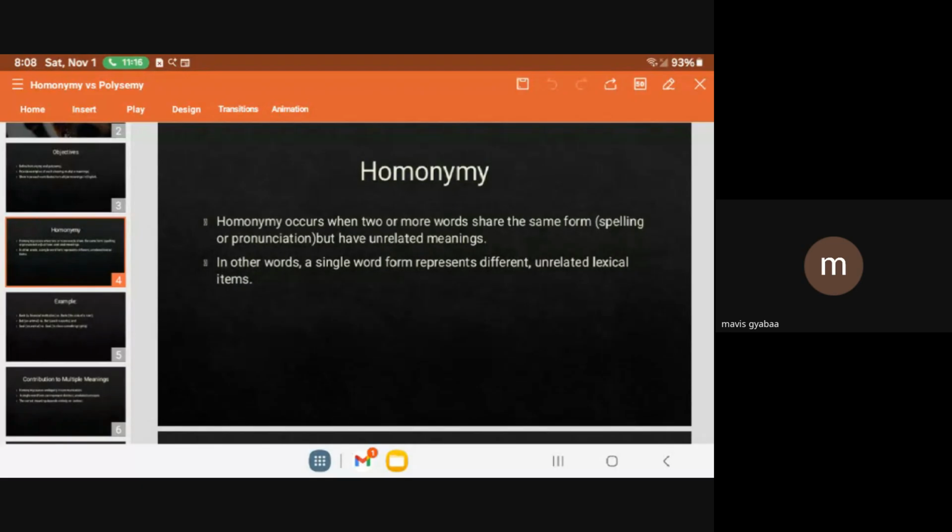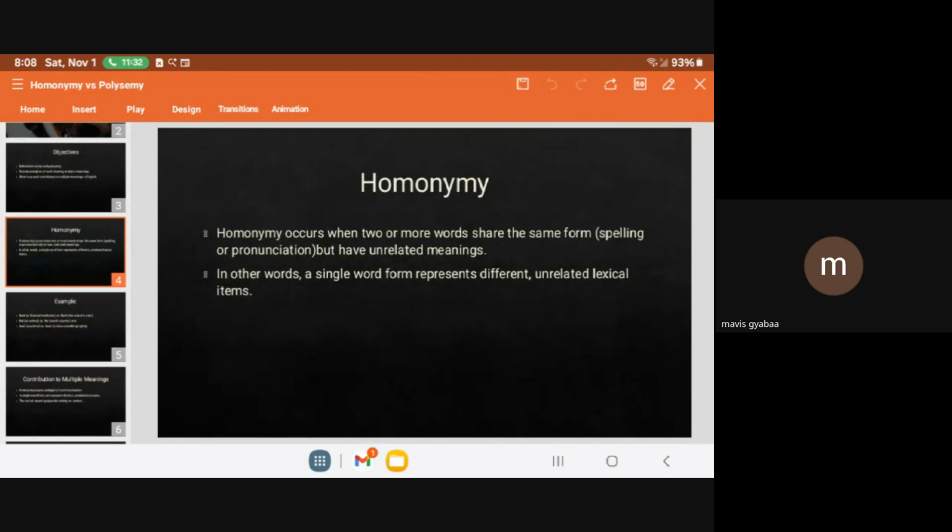To put it another way, homonymy could be a single word form that represents different and unrelated lexical items.